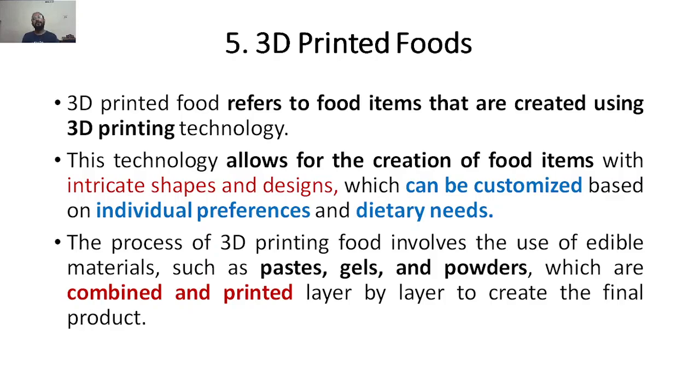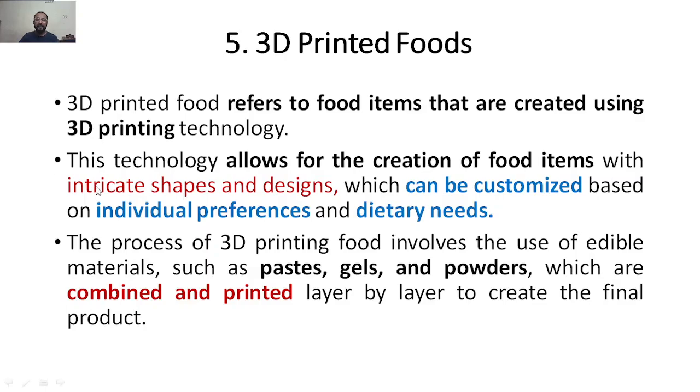So 3D printed food refers to food items that are created using 3D print technology. Whatever food items you prepare by using 3D printing technology are referred to as 3D printed foods. This technology allows for the creation of food items with intricate shapes and designs. What do you mean by intricate? Something complex or very innovative kinds of structures.